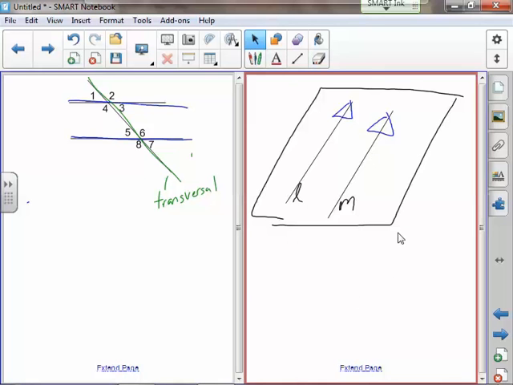Like if I showed a pencil shooting out of the whiteboard, coming at you, and it started from this point right here. This line would be called skew, because the pencil shooting out of the board is never going to intersect line M, and it's never going to intersect line L. Because it's just shooting straight out. It intersects the plane, but it is not contained within the plane.